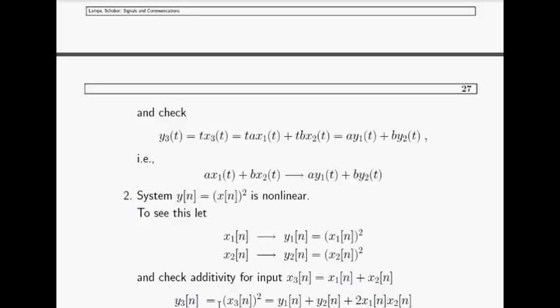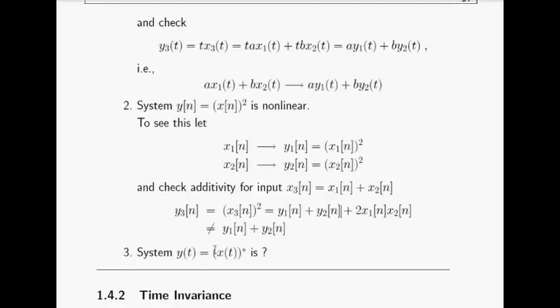So now y3[n] will be equal to x3[n] square, which will be equal to x1 square plus x2 square plus 2 x1 x2, and you know that x1 square is y1[n] and x2 square is y2[n]. So you can write y3[n] equals y1[n] plus y2[n] plus 2 x1 x2[n], which is not equal to y1[n] plus y2[n]. So you can see that the system is not linear.